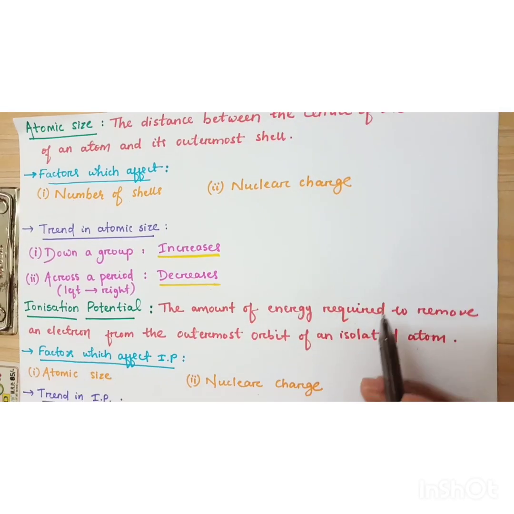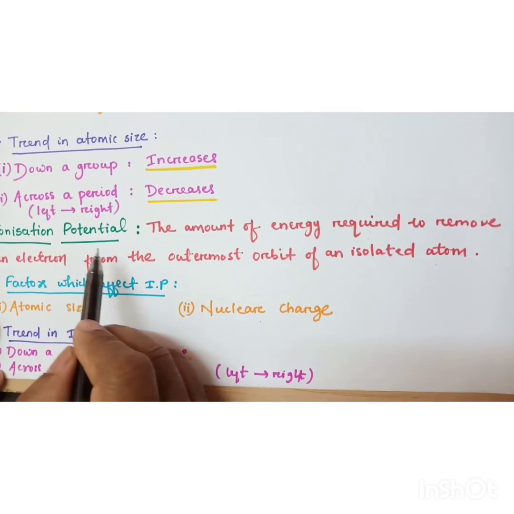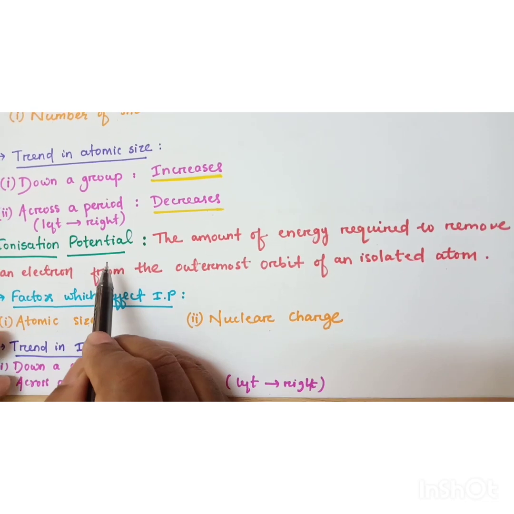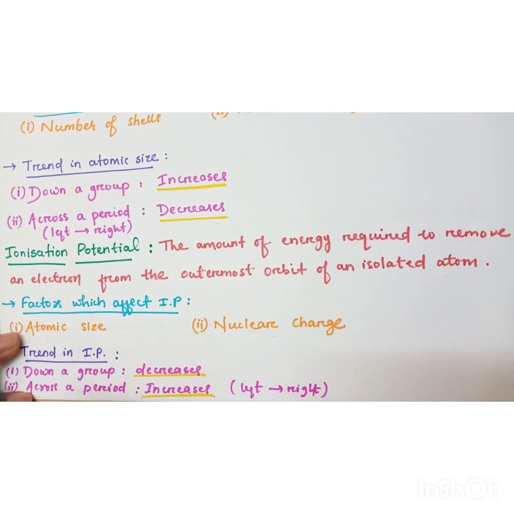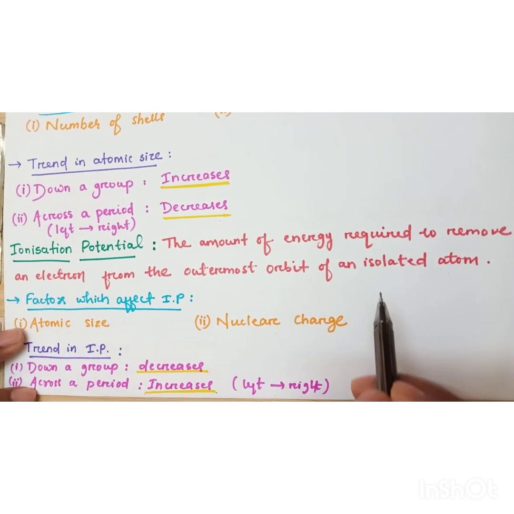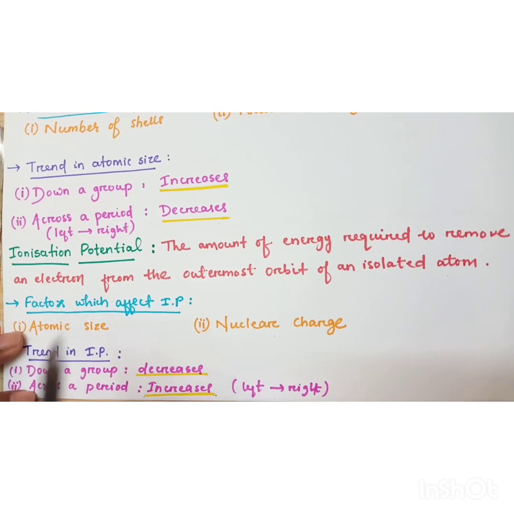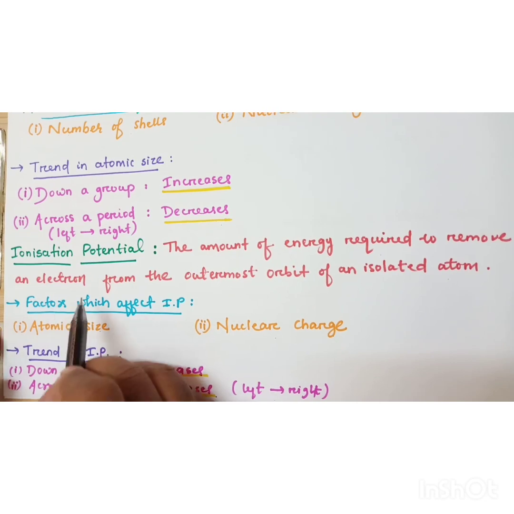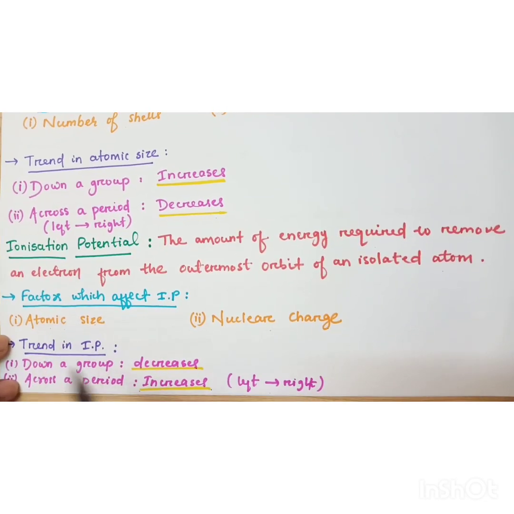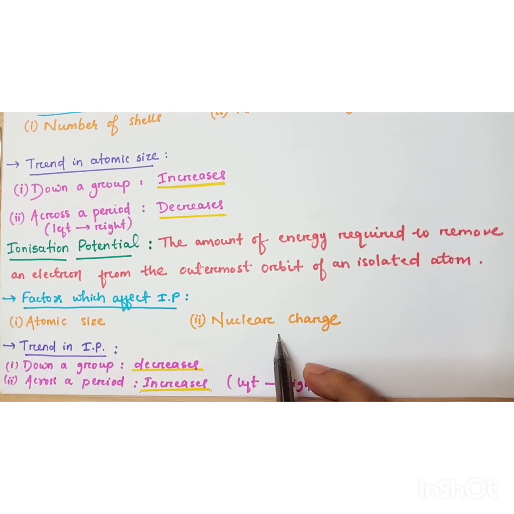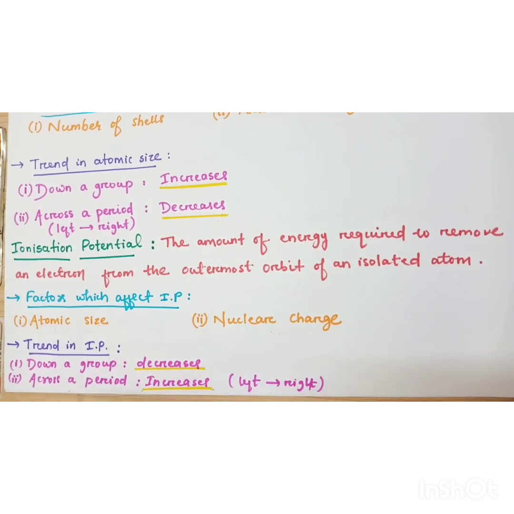Okay. Now come to another property. Ionization potential. What is ionization potential? The amount of energy required to remove an electron from the outermost orbit of an isolated atom is called ionization potential. Ionization potential is also affected by 2 factors: one is atomic size, another is nuclear charge. Now come to variation. First down a group.